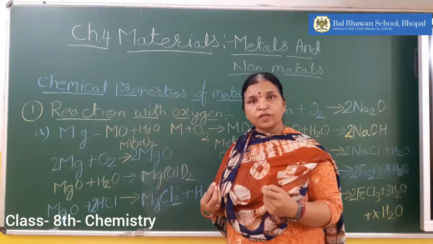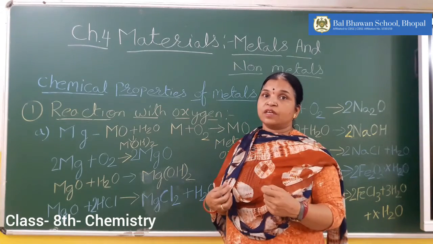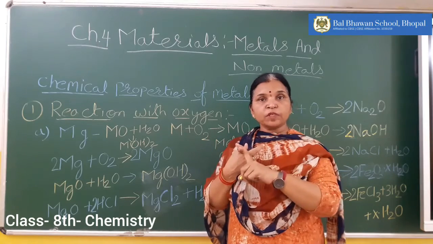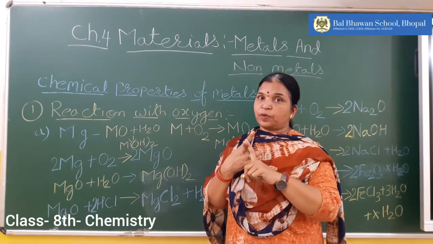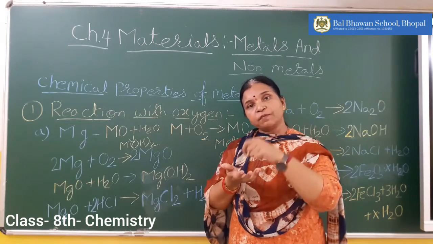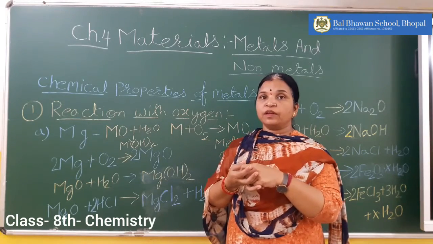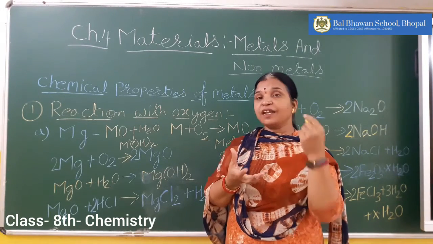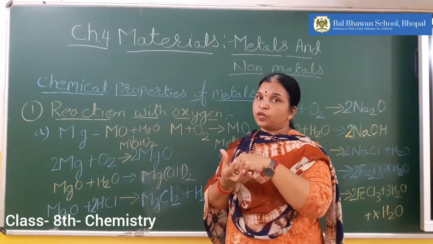Now if I want to test the nature of this, I will use litmus paper: blue litmus paper and red litmus paper. In this solution, I will first dip blue litmus paper and observe what happens. Then I will place red litmus paper into the solution.